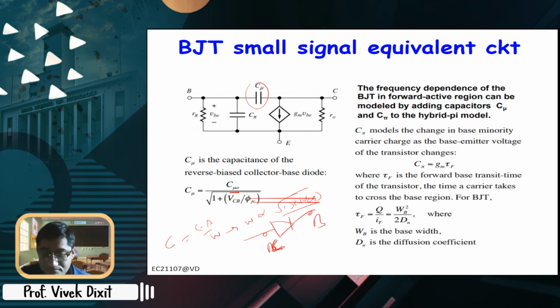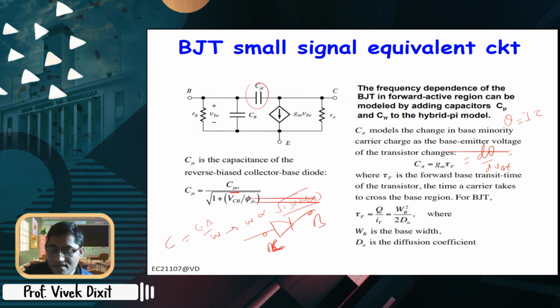Similarly, your C pi can be obtained from this: gm times tau. How do you get it? Now C is basically dQ by dV at the base emitter junction, right? Now Q you can write as I times tau. So this becomes basically dI by dV.